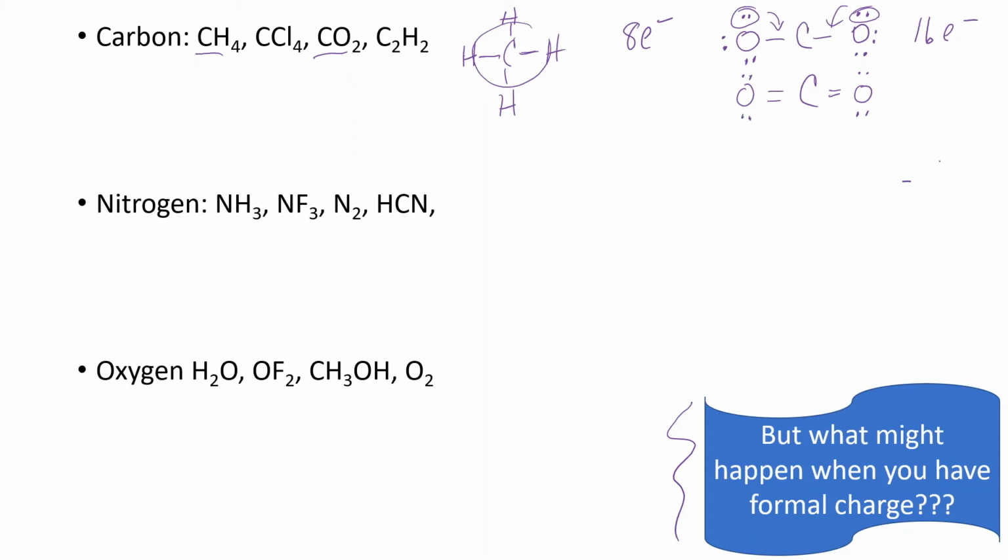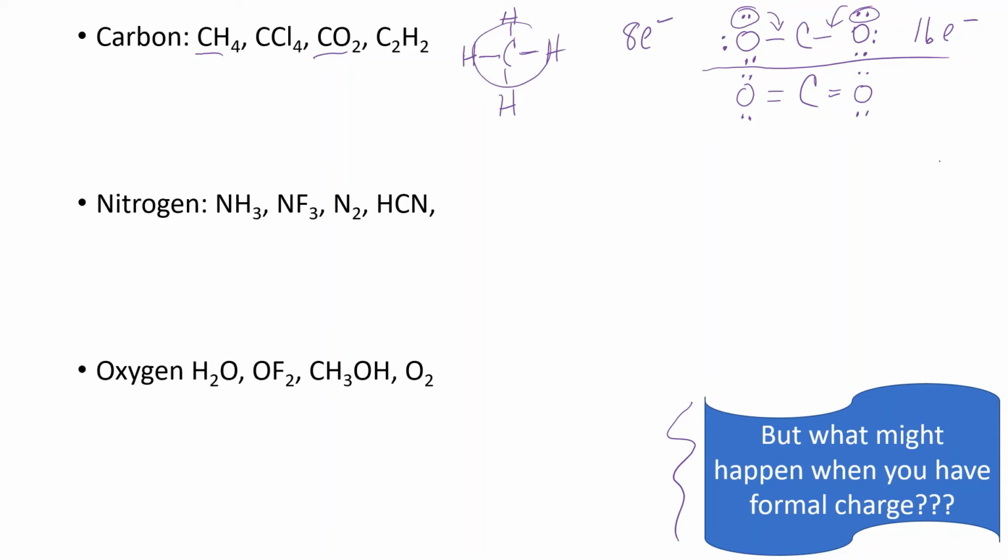Okay, so now look at what we have. Let me draw a little line here so we can differentiate between these two things. Once I move these lone pairs, now carbon does in fact have 4 bonds, a desired condition. And oxygen, furthermore, what did we say about oxygen?